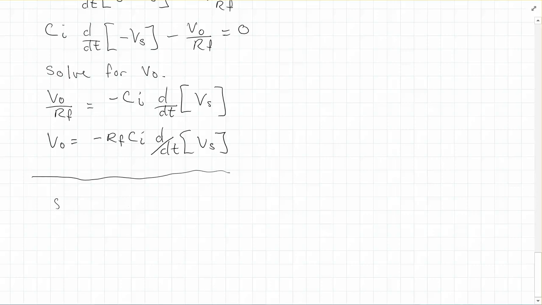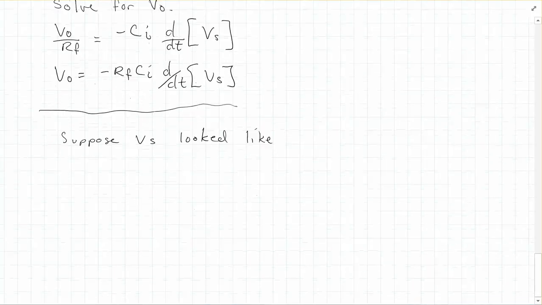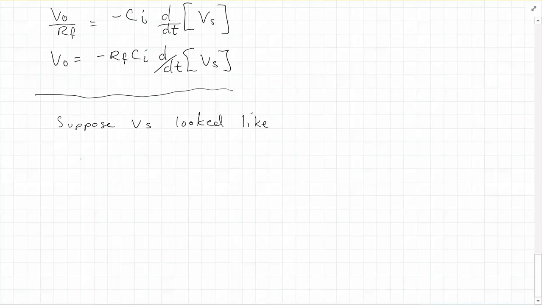So suppose Vs looked like this waveform.